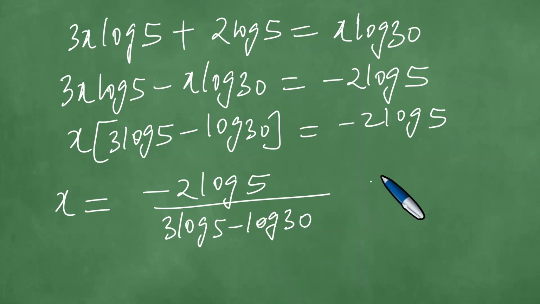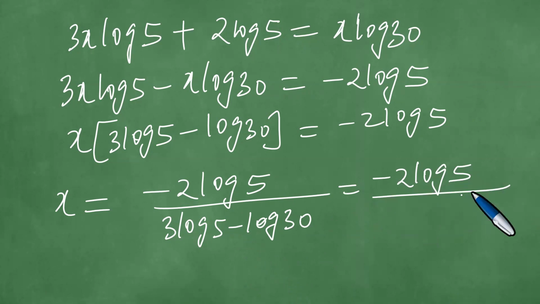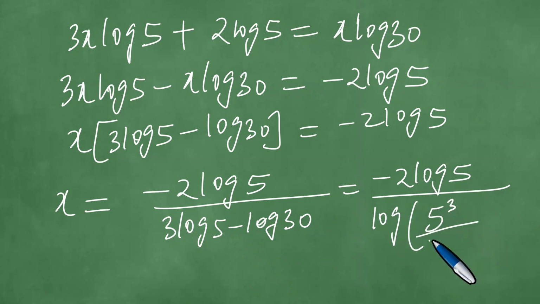Right, upon further examination, we can write this as minus 2, the log of 5. You divide everything by the log of 5 cubed divided by 30. Okay, these can be written as 5 cubed, and because you're subtracting the log, you divide by the 30.